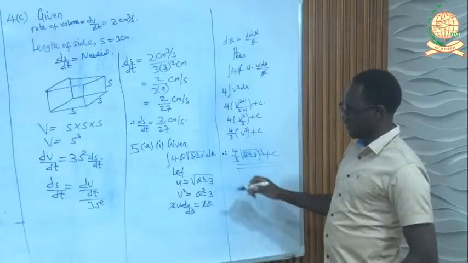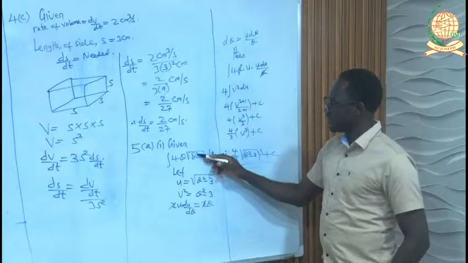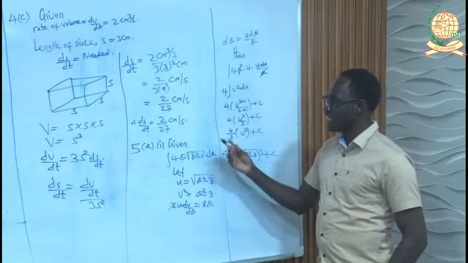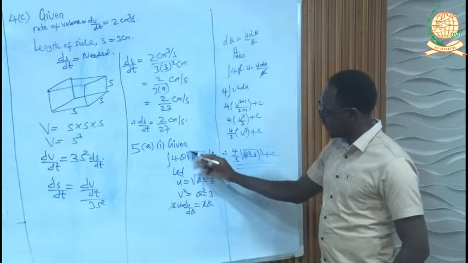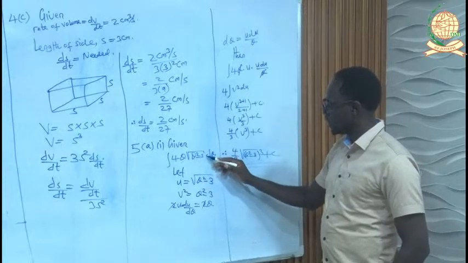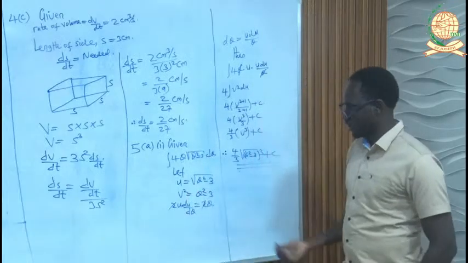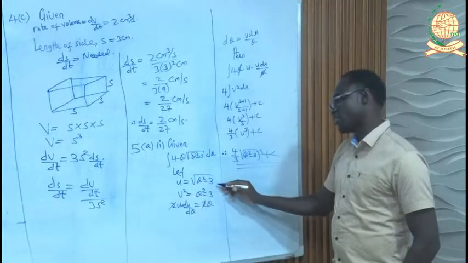Now note this: if you differentiate θ squared, you will get θ. So we have the function and its derivative. Because of that, let the square root of θ squared minus 3 equal a certain letter, say u, as we have written here. So u will be equal to the square root of θ squared minus 3.